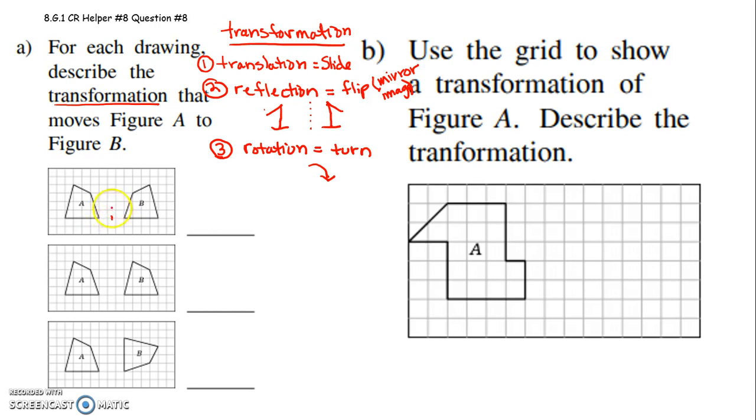If I set up like a little mirror here, I can see this point right here is 1 1/2 units from that mirror. This same point right here is 1 1/2 units from that mirror. If I look up here, this point is 1, 2, 3, 4 1/2 units away. And this point right here is 1, 2, 3, 4 1/2 units away.